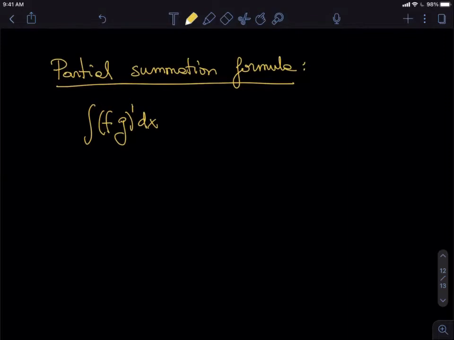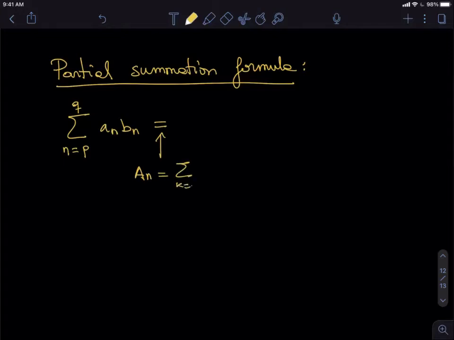Okay, so in this case, instead of having the integral, we are going to be working with a sum of a product, a_n b_n, and n will go from, let's do it in general, from p to q, between any two indices. Okay, and here, the way we do this, let's call A_n the sum from 0 all the way to n of the a_k.